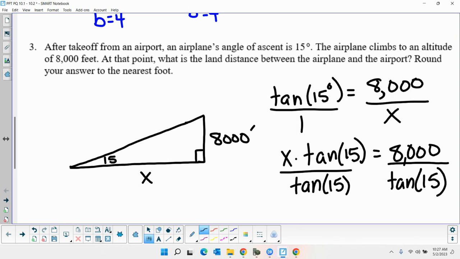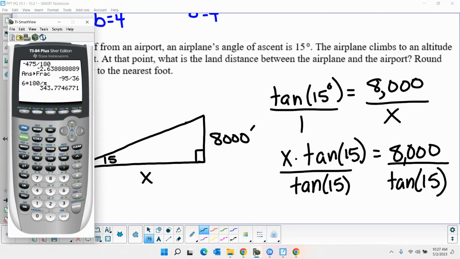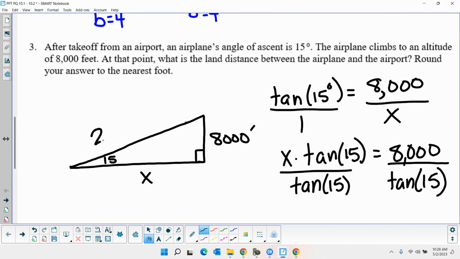Make sure our calculator is in what mode? Degree mode. Okay. Just a quick check. I'm pretty sure it is. Yeah. So 8,000 divided by tangent 15. Close it up. 29,856 feet. Oops, that's not what I'm looking for. This one.